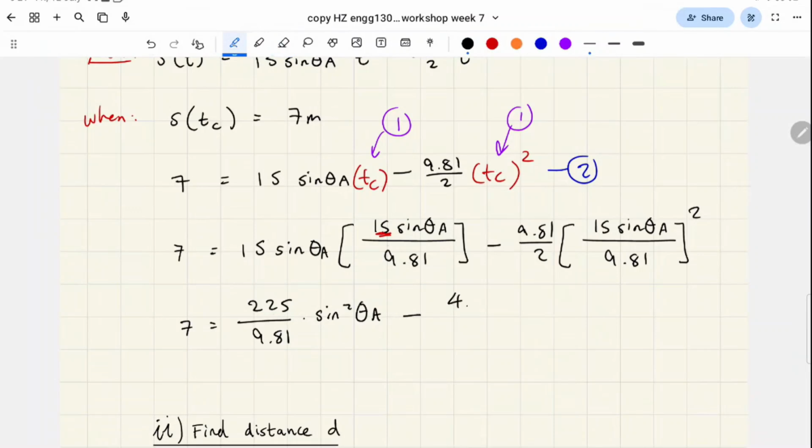And then minus 4.905, which is 9.81 over 2. 15 squared is 225. 9.81 squared is at the bottom of the fraction there, and we still have our sine component like that.